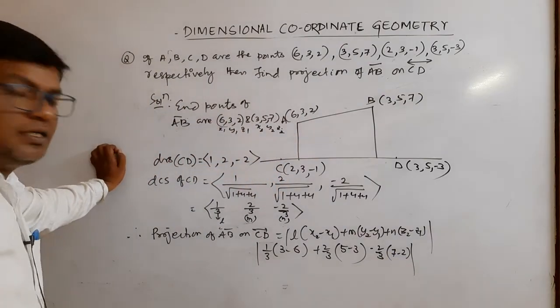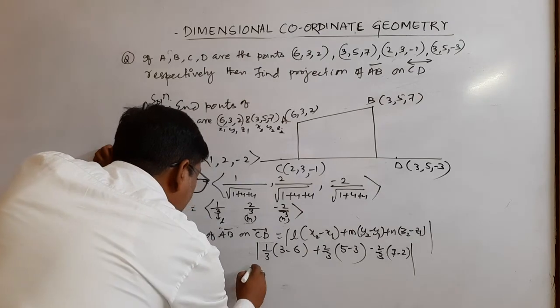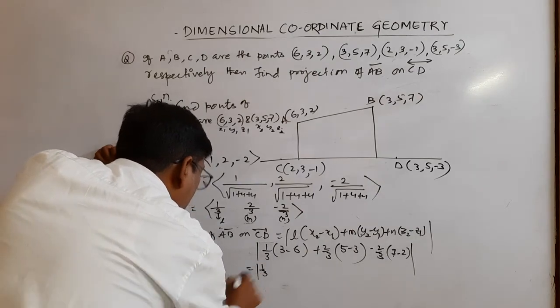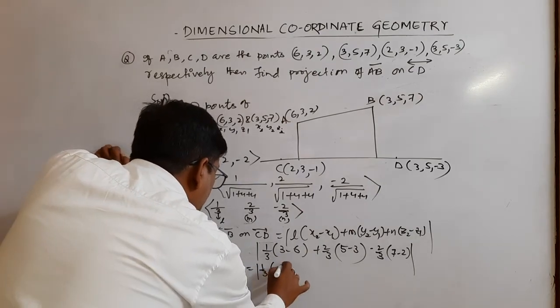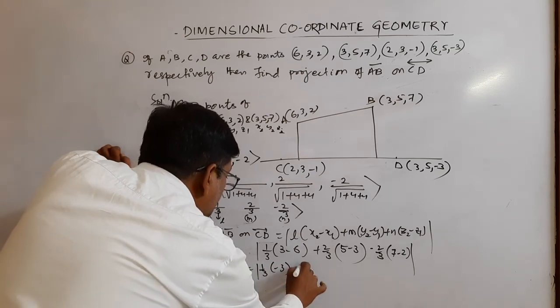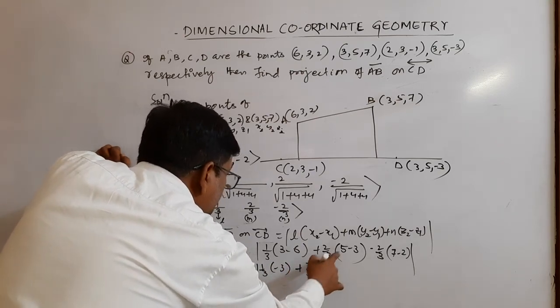So this is equal to mode of 1 by 3 into minus 3 and this is 2 by 3, this is what?